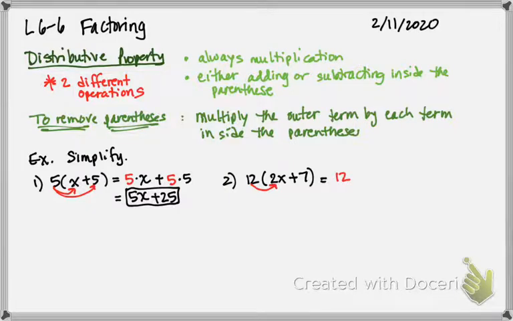So I have 12 times 2x, and then it says plus, and then I'm going to multiply 12 times the 7. Okay, so first you might say, whoa, how do I do this when there's two numbers there? Multiply them. You can do 12 times 2, that's 24, and the x comes along for the ride. Okay, then plus, and then 12 times 7 is 84.